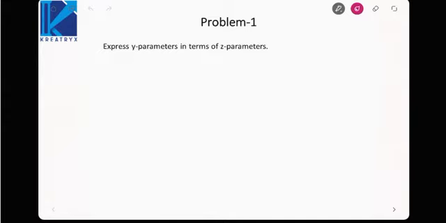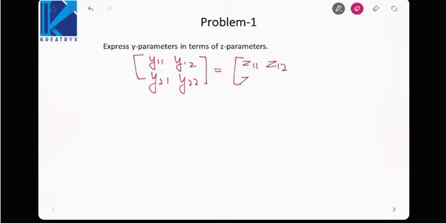As I told you, Y parameters and Z parameters are inverse of each other. That means Y11, Y12, Y21, Y22 is actually equal to the inverse of Z11, Z12, Z21, Z22.